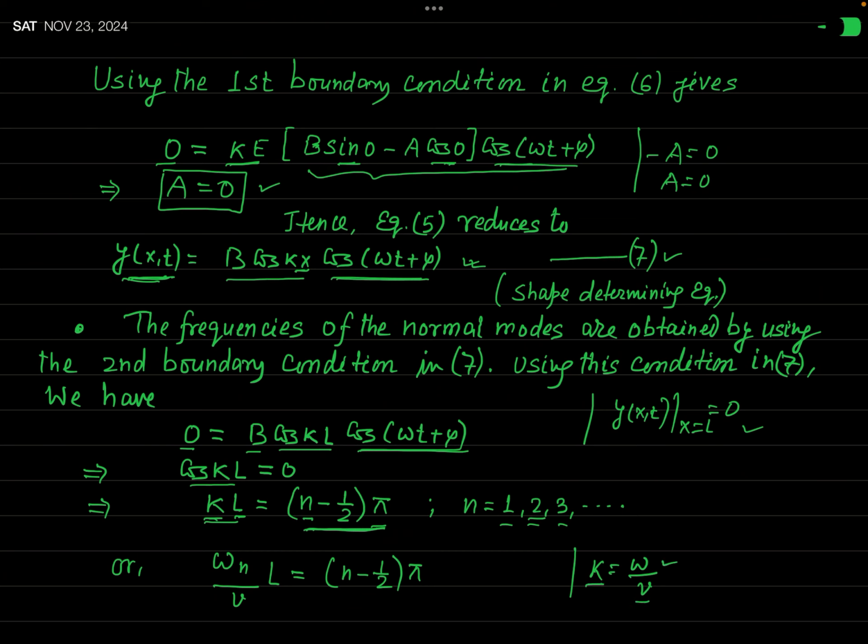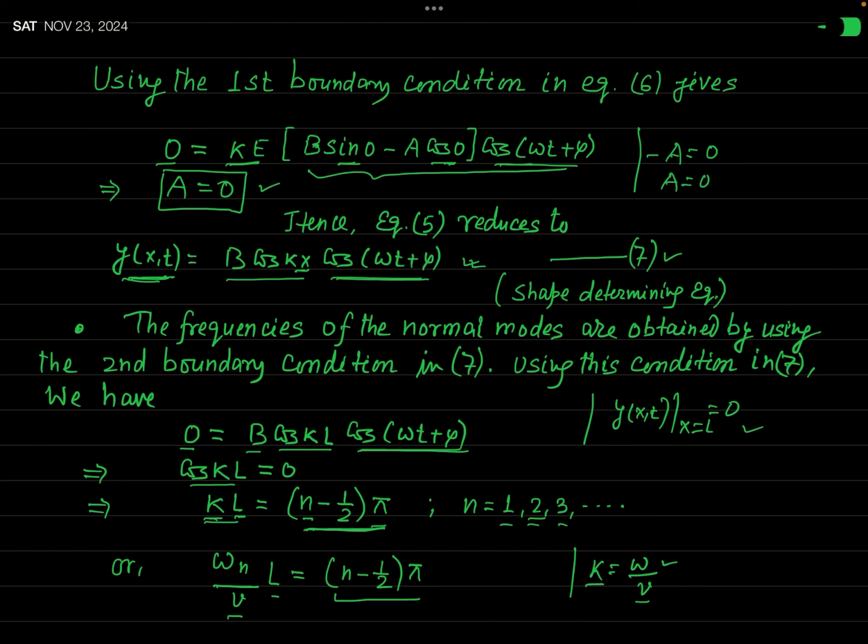Definitely this omega, because v is actually a constant. Okay. So here, if the air column is vibrating in nth mode, then the angular frequency of vibration is omega n. So instead of k, I have written omega n over v. Our result is omega n over v times L equal to this much.